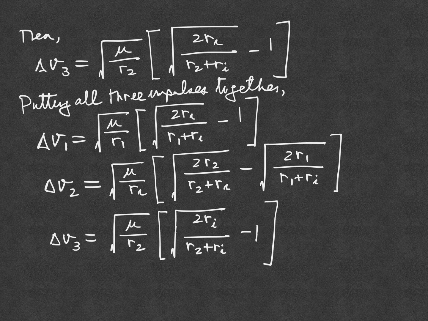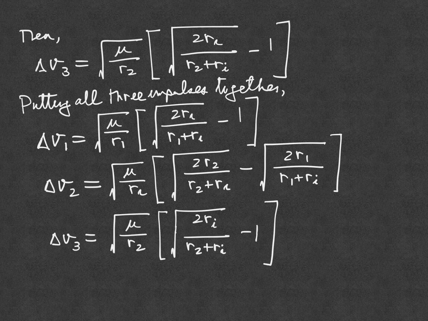And of course, reminding everyone that these three impulses are all bigger than or equal to 0 because they're magnitudes, right? So delta V1 is the magnitude of the first impulse, delta V2 is the magnitude of the second impulse, and finally delta V3 is the magnitude of the third impulse.